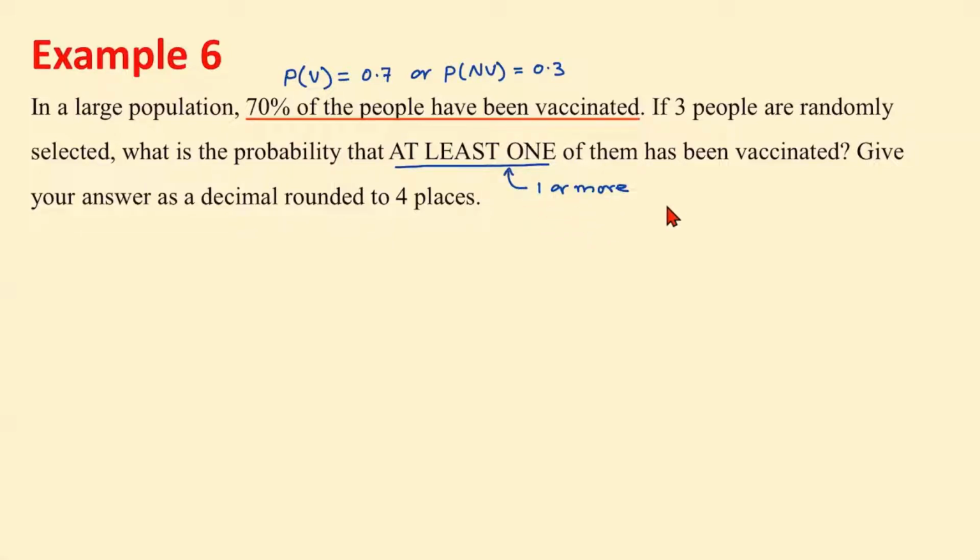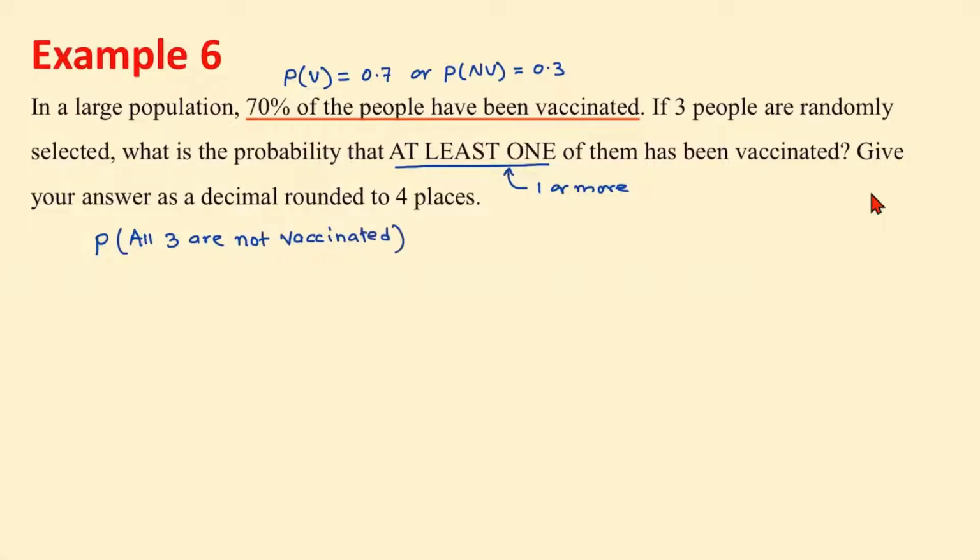So we want the probability that at least one of them is vaccinated. For this, we first have to find the probability that all 3 are not vaccinated. For example, what will that be?